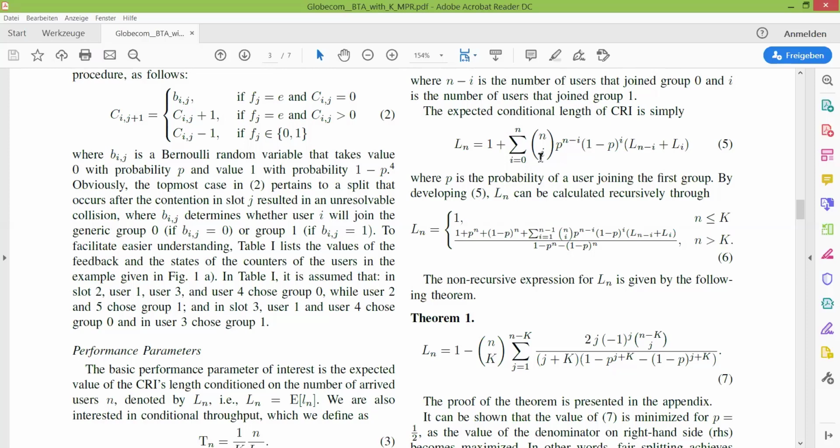And then we take the expectation of it by varying i from 0 to n. The problem is, this is not so easy to deal with. I mean, you can somehow modify it like this by taking n out of this formula, because you cannot calculate it since Ln is on both sides of this equation.